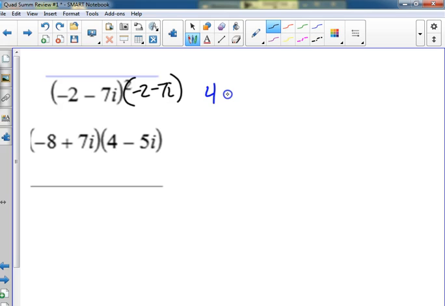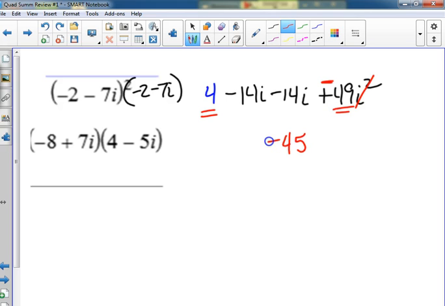So you do get a 4, then you get a minus 14i and another minus 14i and a plus 49i squared. What does this become? This is a -1, so we get a -49. 4 minus 49 is -45 minus 28i. Do you need me to do this one or you got this? We can skip it. Okay.